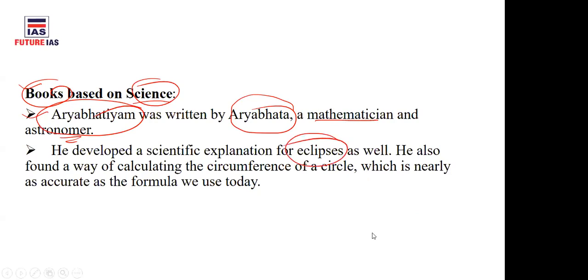He also found a way of calculating the circumference of a circle, which is nearly as accurate as the formula that we use today.